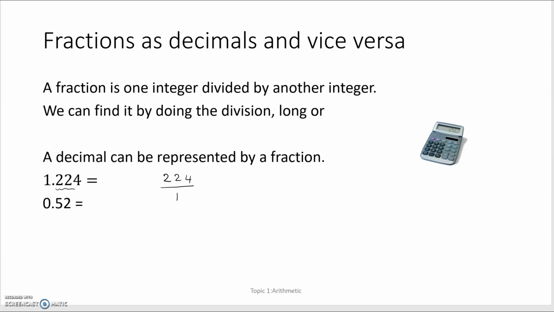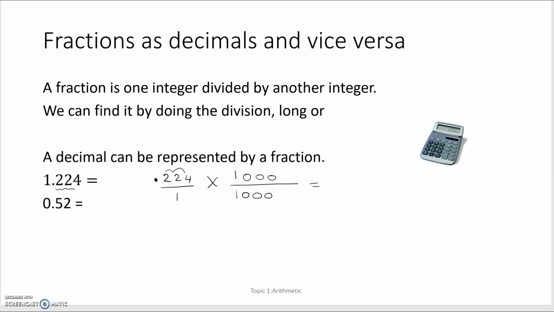Now we're going to multiply top and bottom by 10 for every number after the decimal point, so that means we're going to multiply it by 1, 2, 3, because there are 1, 2, 3 numbers after the decimal point.